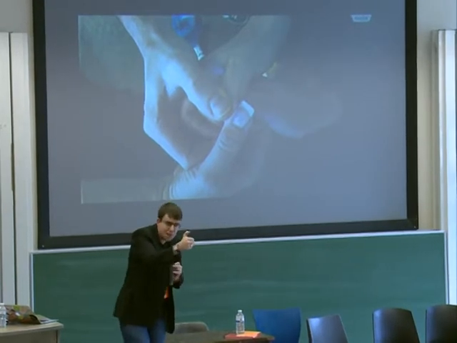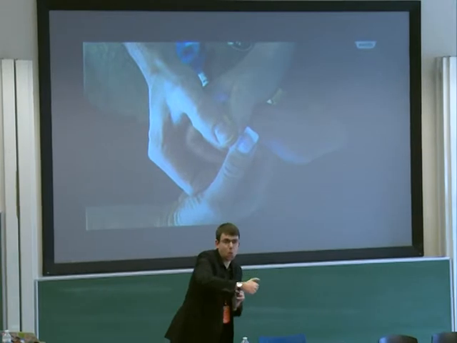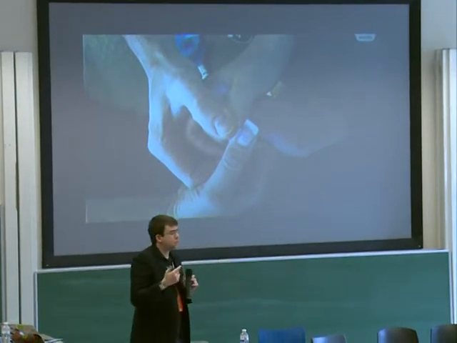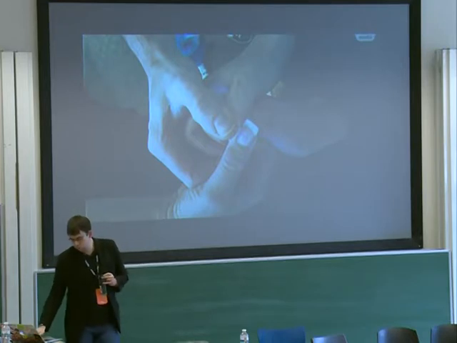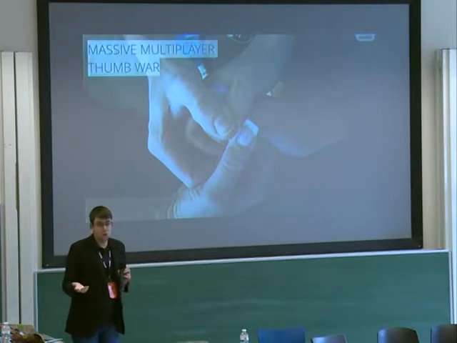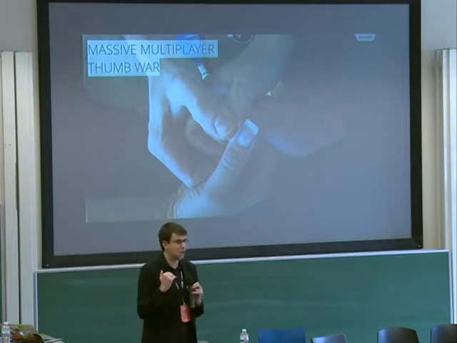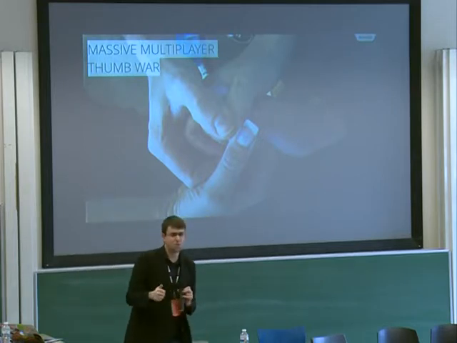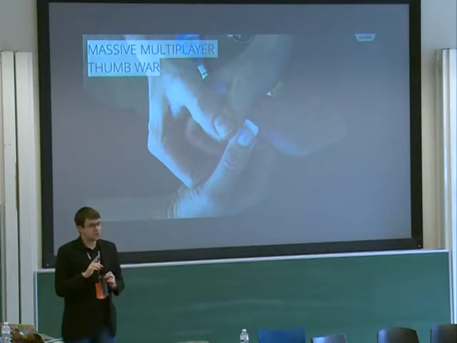And you try and keep their thumb down for 5 seconds, and the person whose thumb is on top wins. Now, there's a mass engaged version of this called massive multiplayer thumb war. And this will invoke a number of emotions all at the same time: confusion, excitement, anger, hopefully not violence.